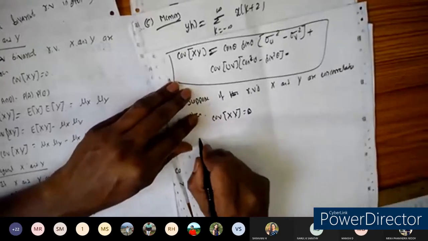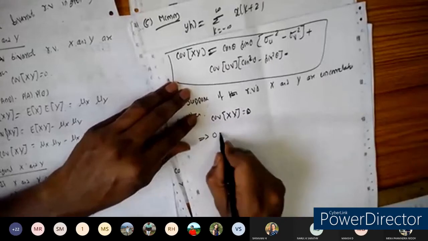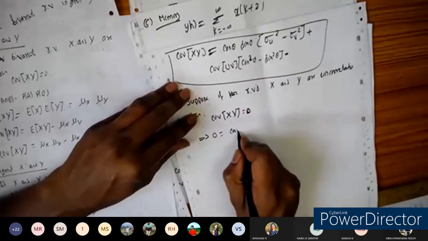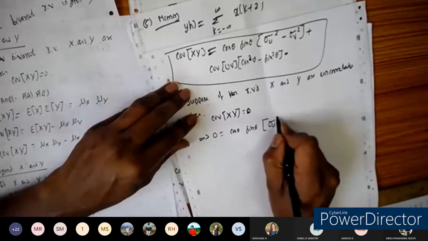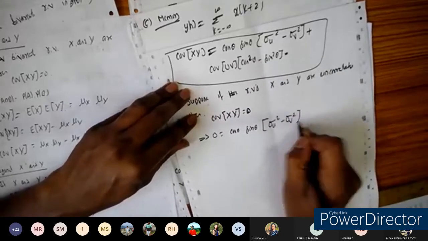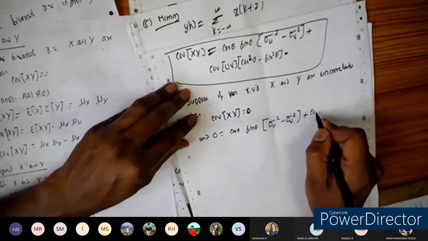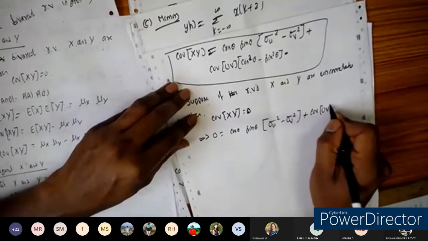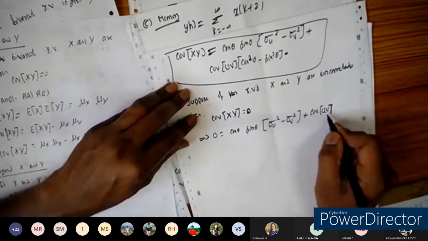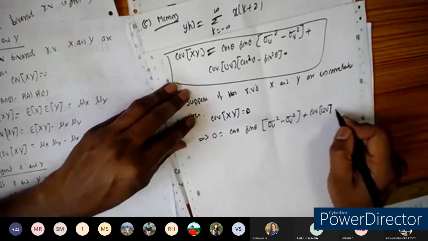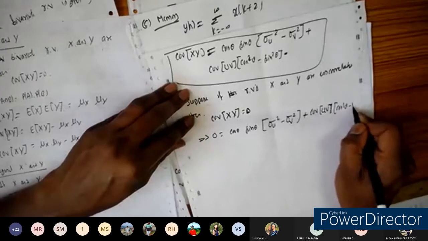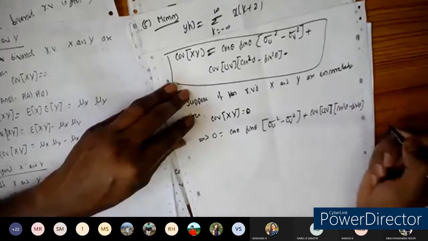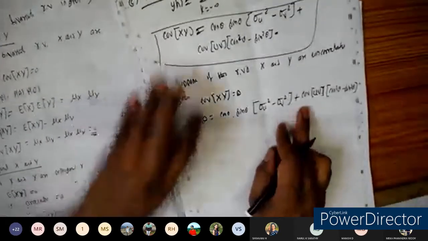So this implies that 0 is equal to cos theta sin theta times sigma u square minus sigma v square, plus the covariance of the random variables u and v. We are not considering u and v to be uncorrelated, it depends here, times cos square theta minus sin square theta. This will be equal to 0.